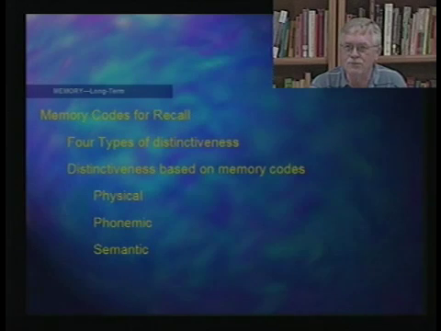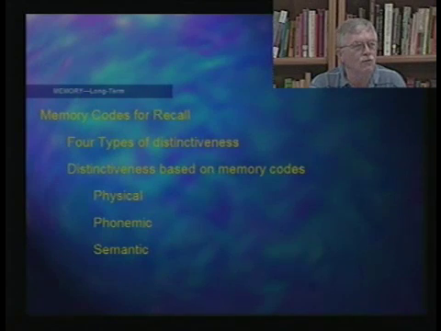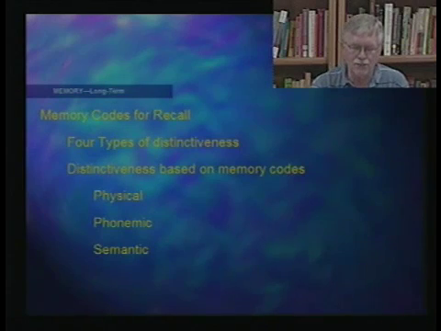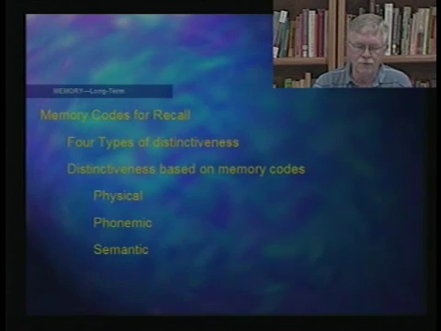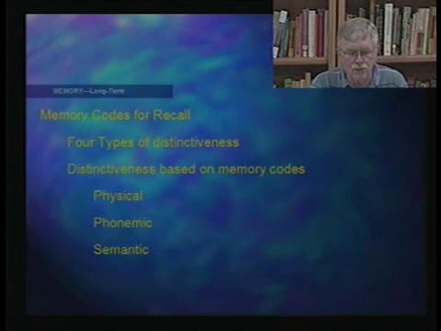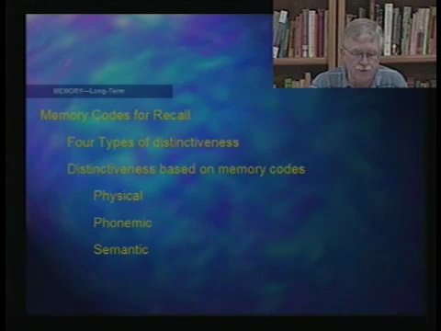And the distinctiveness allows us to explain why it is that semantic linkages are much easier for retrieval than are phonemic images, because the phonemes have a limited pool of differences, where semantics, the meaning we attach to things, is essentially infinite.